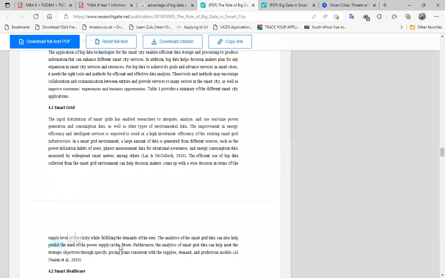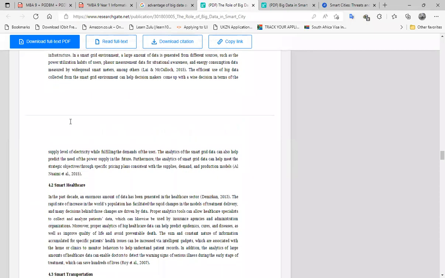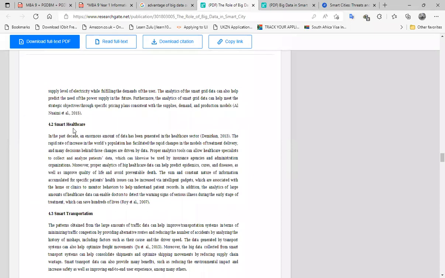It can also be used in healthcare, where proper analytics tools can allow healthcare specialists to collect and analyze patients' data, which can likewise be used by insurance agents and administration organizations. This data can help to predict epidemics and diseases, as well as improve quality of life and avoid preventable deaths.